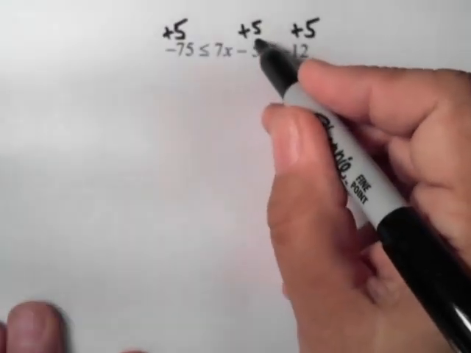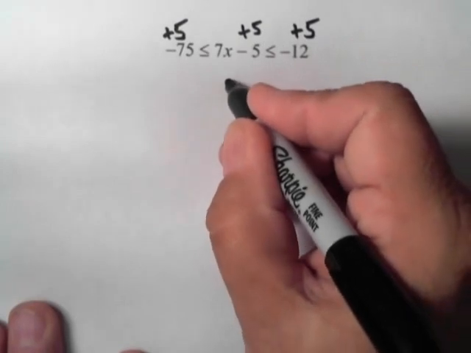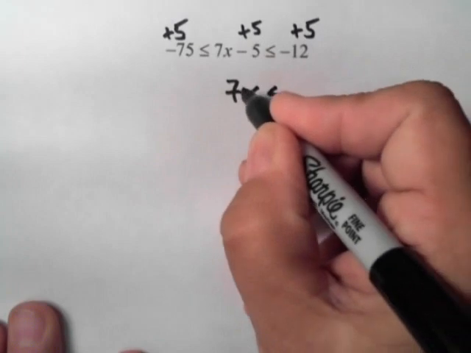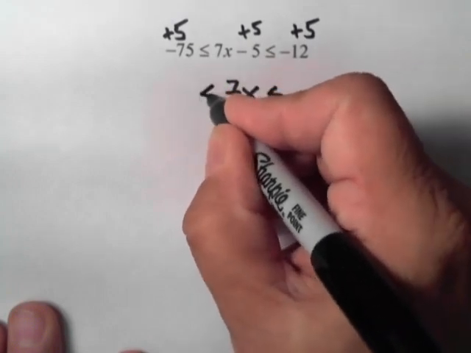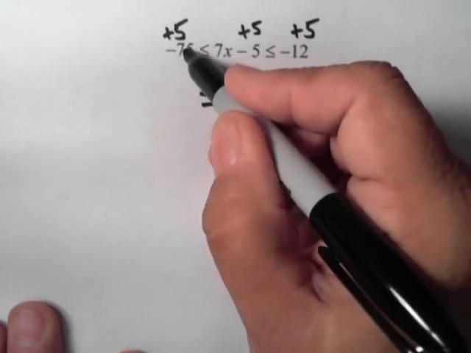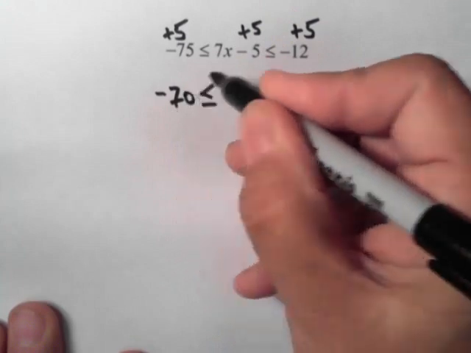Well, when I do that in the middle, +5 and -5 give me 0. That's what I want to start cleaning it up. I still have more work to do, but I've made some improvements here. Now, on the left, -75 plus 5 gives me -70.